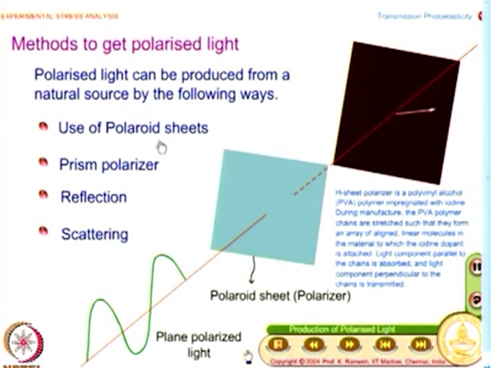The greatest advantage is the field of view can be as large as even 1 meter. And for certain wavelengths, reflection and scattering are ideal, and you also know at an appropriate angle called Brewster angle, polarization takes place. This is also another method of getting a polarized beam of light.